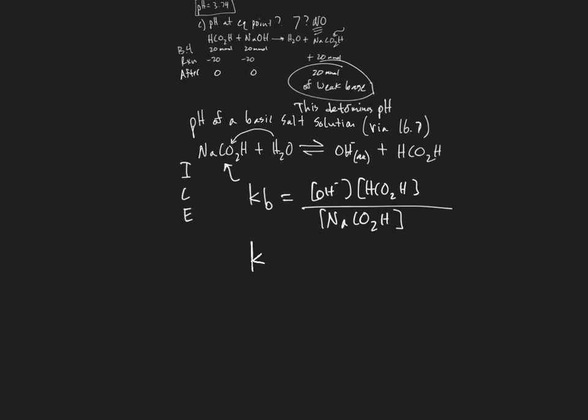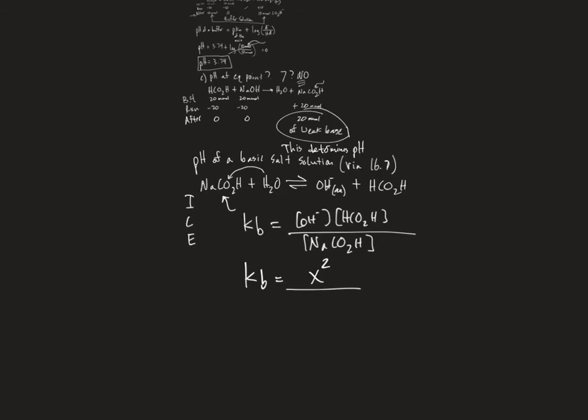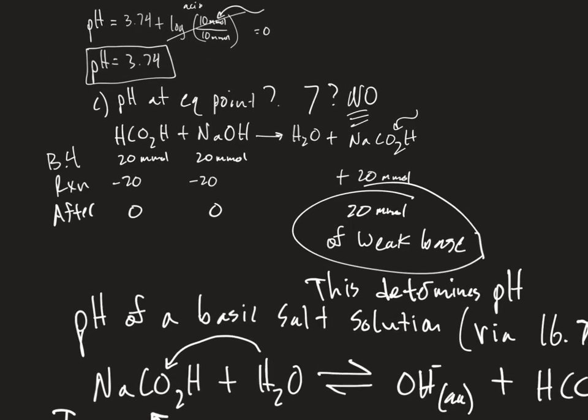So we need Kb. The top is again x squared. If we can get x, we can get the pH. Divided by, what was our initial concentration? That comes from the previous problem. So we need the initial concentration of this stuff.